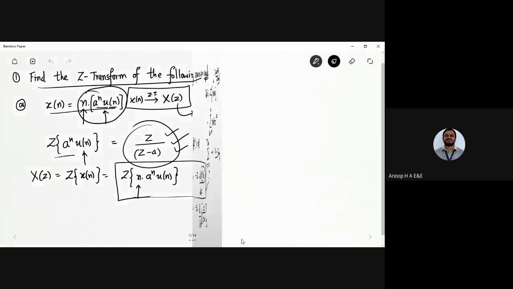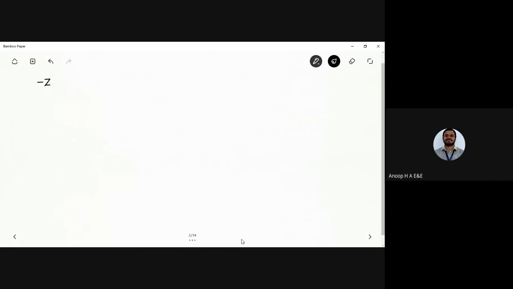Okay. So next what I can do here is minus z multiplied with d by dz, that is z minus a the whole square into z minus a into 1 minus z into z minus a. If you differentiate it, it is u by v that you are differentiating.